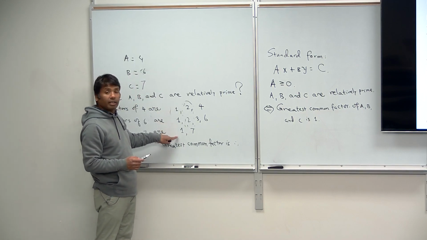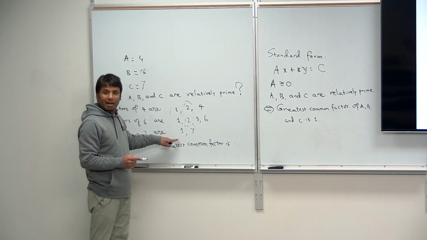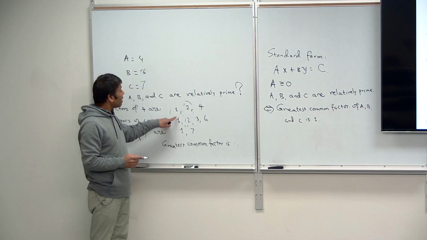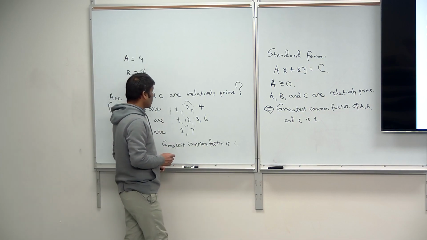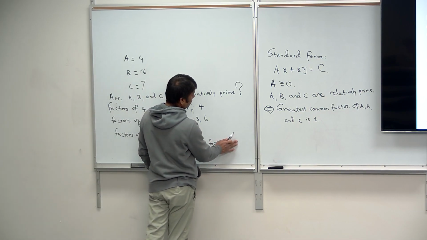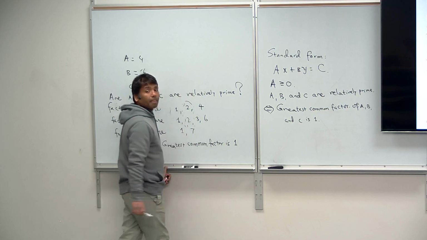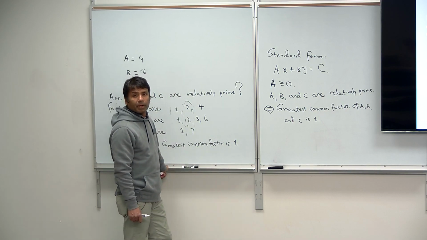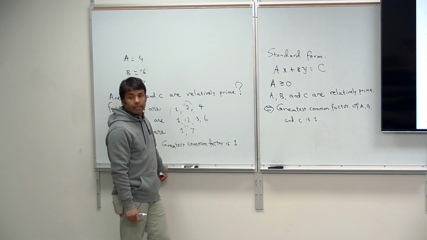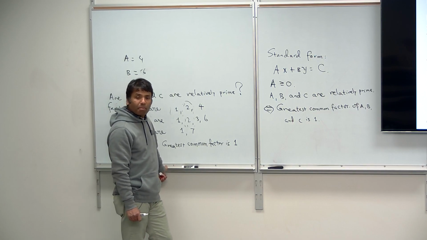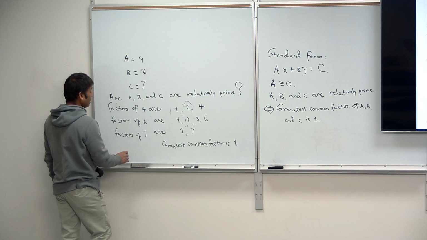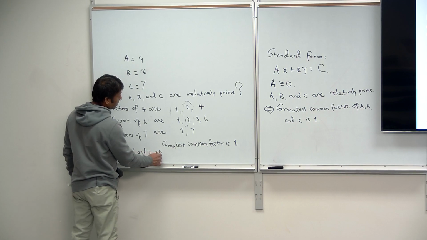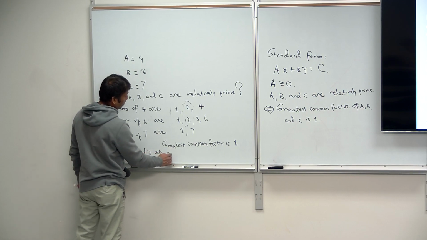Did you see that? The only common factor among these 3 numbers is 1. So the greatest common factor is 1. So that means 4, 6, and 7 are relatively prime.